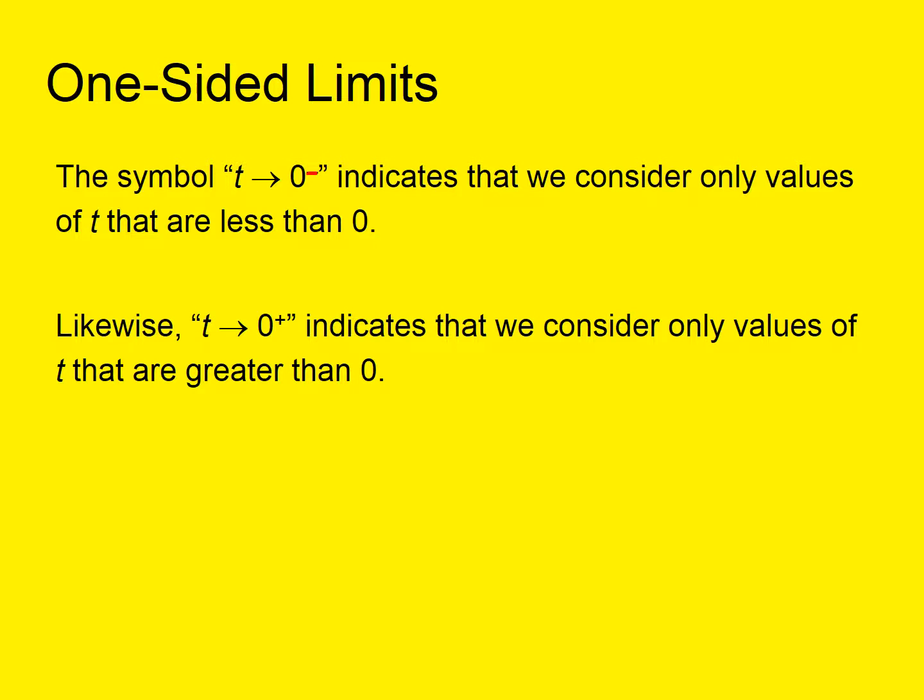And if we've got the plus sign, that indicates that we only consider values of t that are greater than 0. Of course, it indicates more than that, right? If you've got this plus sign here, we're only looking at the right, but there's a direction to it. It's going right to left, even though we're considering values on the right.